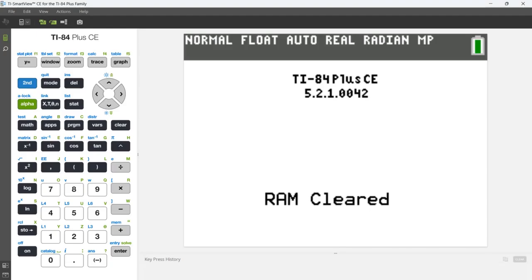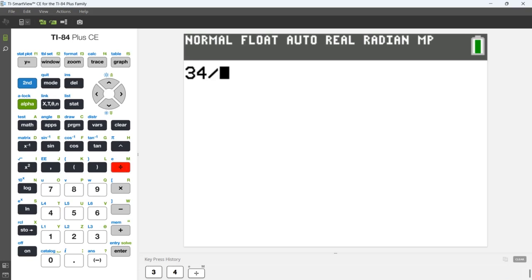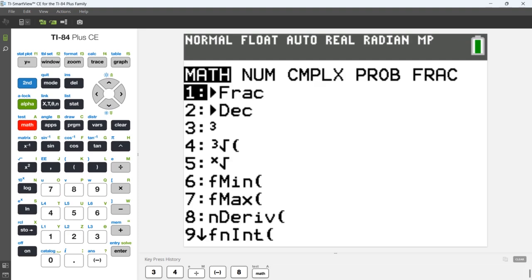It's kind of nice. So our number was 34 divided by negative 8. And then if you look on the left, the button that says Math, right below the green alpha button, if you press that, it brings up a menu that's got a whole bunch of stuff in it.